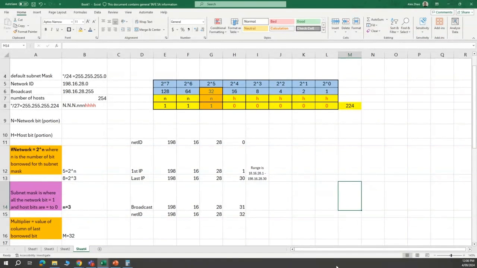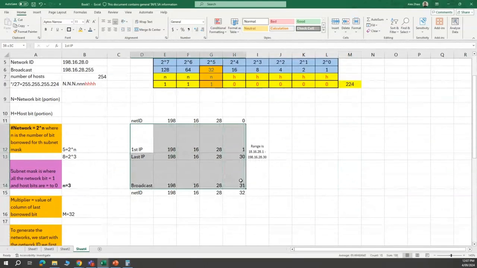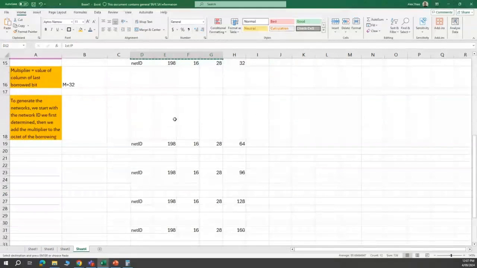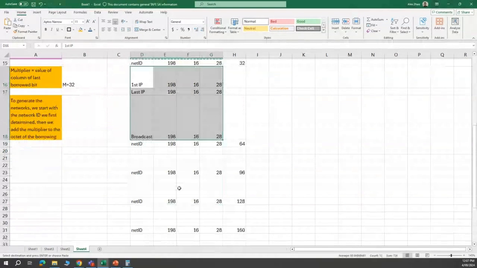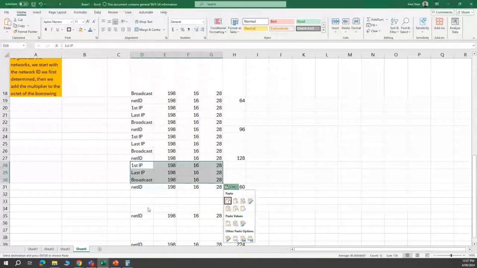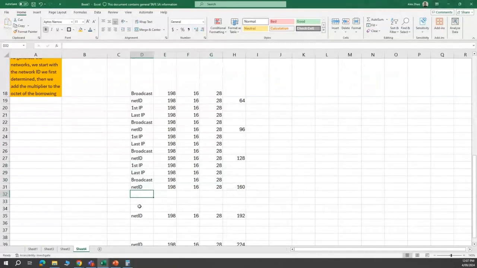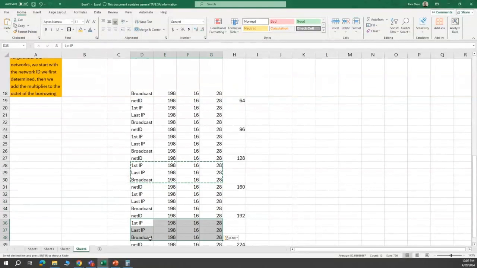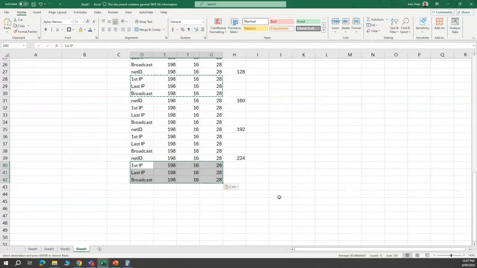All right, so you can see how I've worked out those bits of information, and I can now do this for each of the other networks. It's going to become a little bit boring after a while, but let's do it.